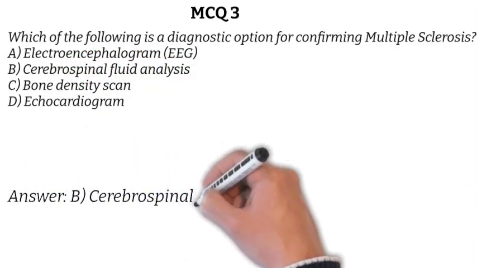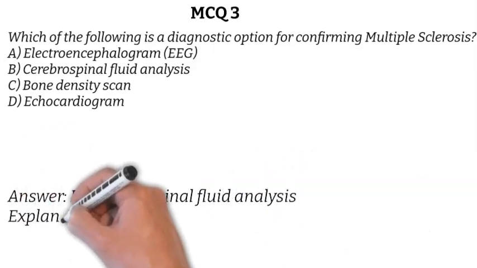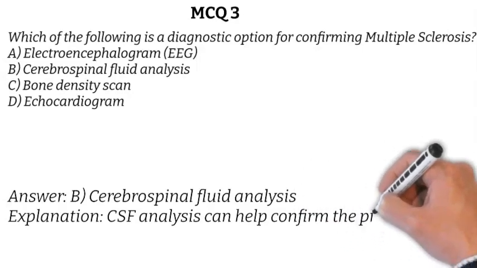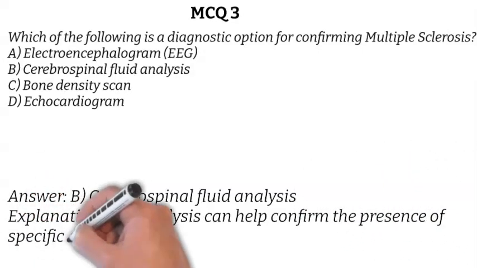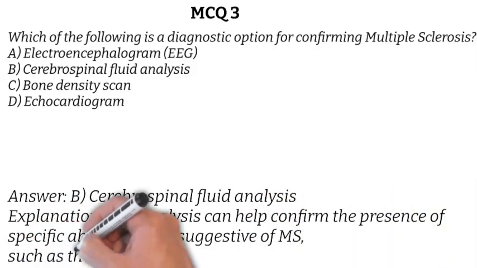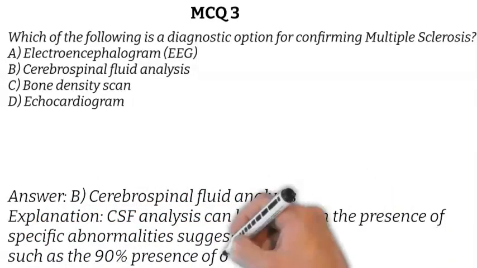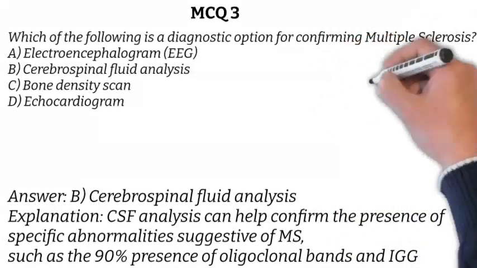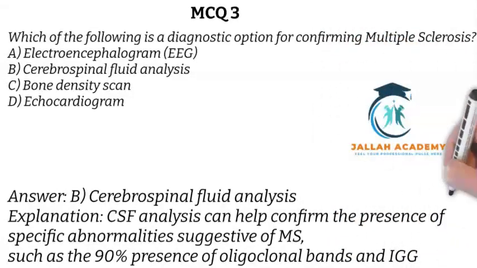We all know what we do: lumbar puncture, CSF analysis. CSF analysis can show the presence of specific abnormalities suggestive of multiple sclerosis. What are those abnormalities? 90% presence of oligoclonal bands and increased IgG antibody in CSF. If you have it, then you have multiple sclerosis.